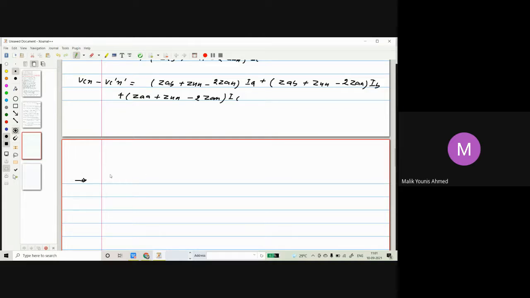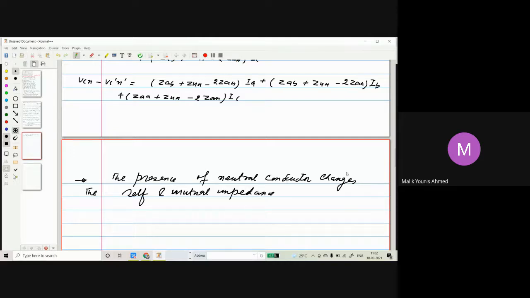So we can write the presence of neutral conductor changes the self and mutual impedance of phase conductors to, how it will change, let's see.